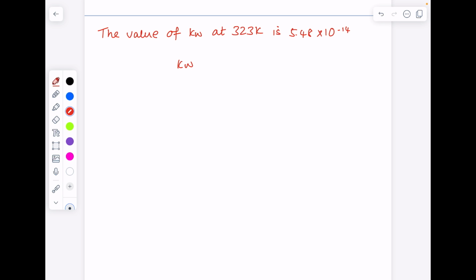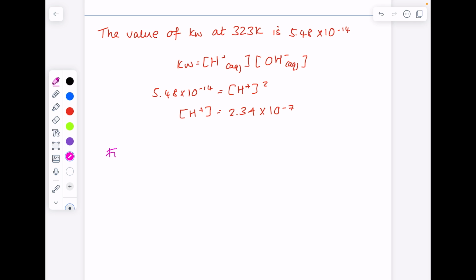Let's write the ionic product of water equation. Sub in 5.48. We know that it equals [H+] squared, square root to find the concentration of H+ ions, and then find the pH.